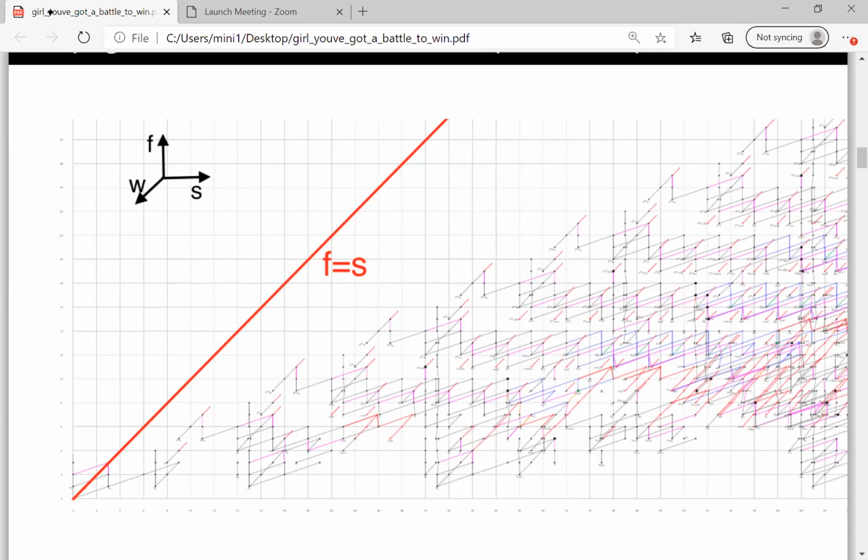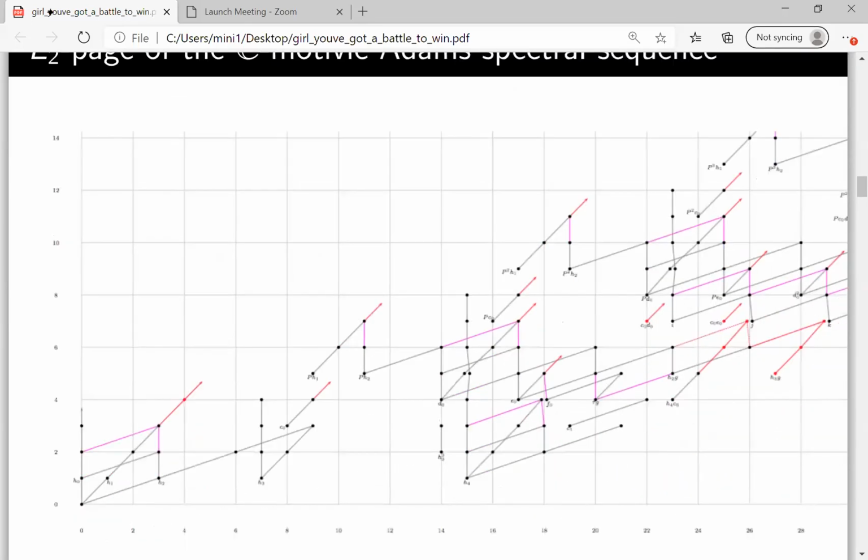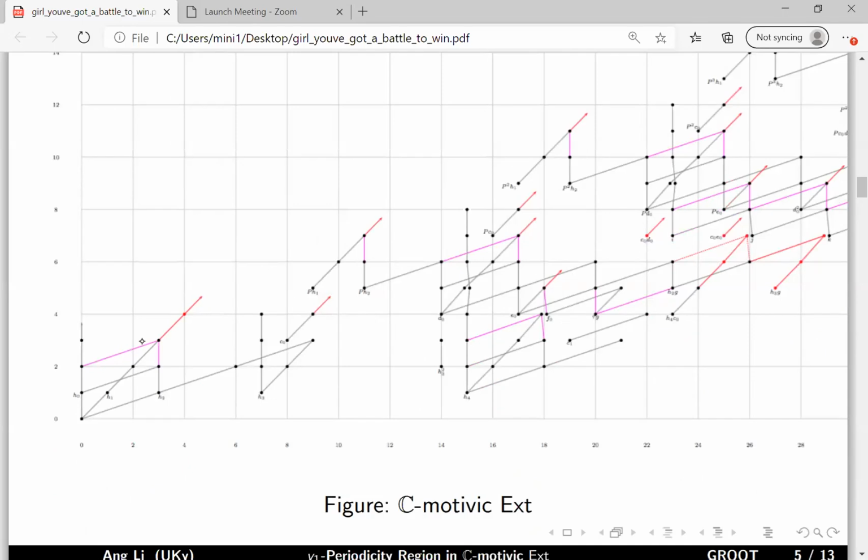But if you're familiar with the coefficients, that is the homology of a point, then you know that tau actually has motivic weight negative, so it's pointing inside. All right, so the E2 page, namely the Ext, there's still a pattern, and if we zoom in a little bit, we can see the difference.